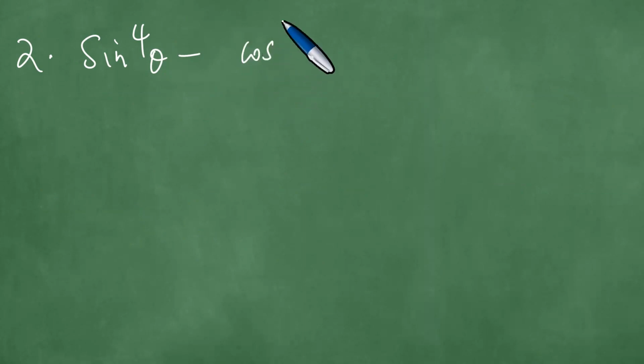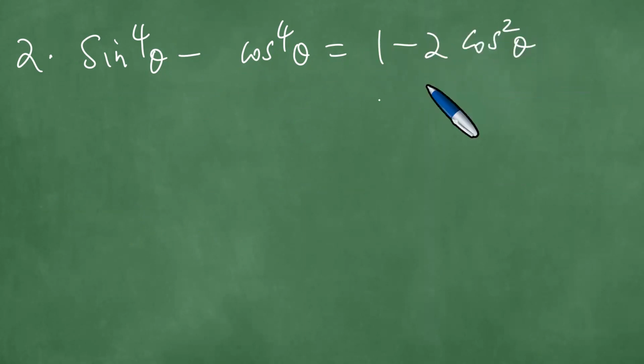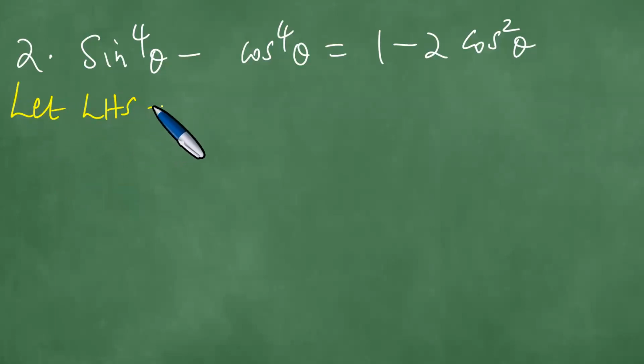Number 2, you have sine to the 4th power minus cosine to the fourth power is 1 minus 2 cosine squared. To prove this, you take one side and produce the other. The easiest is to take the most complicated side with lots of higher powers and more terms.